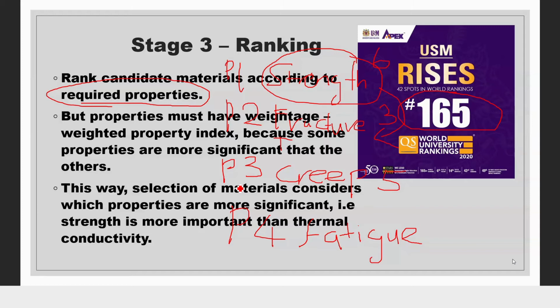So masa you nak rank ni, you already consider, oh strength ni I consider banyak berbanding dengan fatigue. So dia ada vibration tapi sikit. So kita boleh consider 1. You nak, it's good to have. But you tak perlukan dia sangat penting compared to strength. So you can give it as 1 weightage-nya.